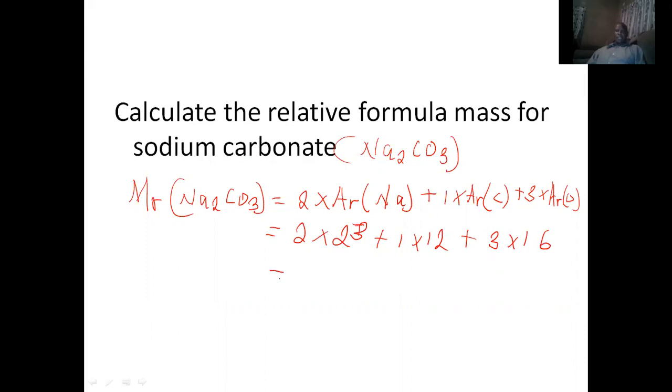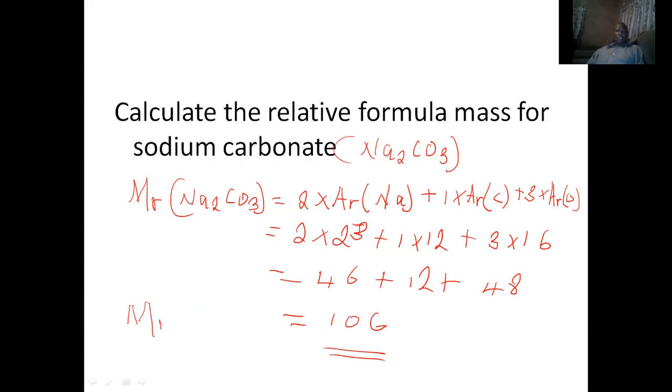And so this gives us 46 plus 12 plus 48, which gives us 106. And so you note that the relative formula mass or the relative molecular mass has no units, as we have calculated here.